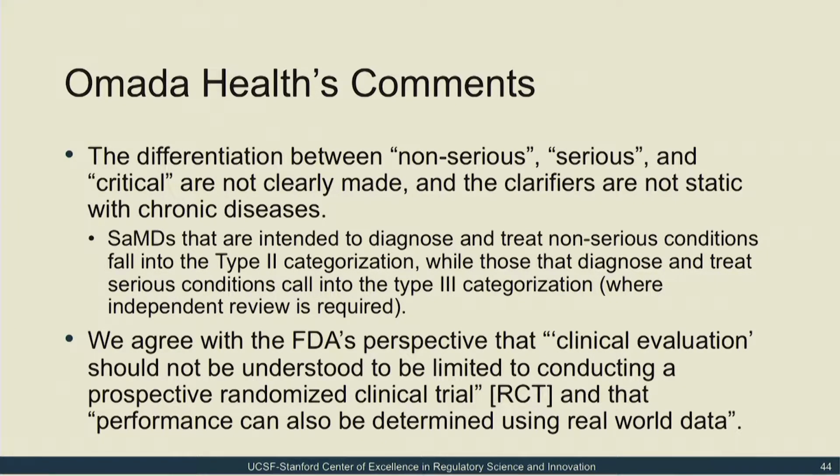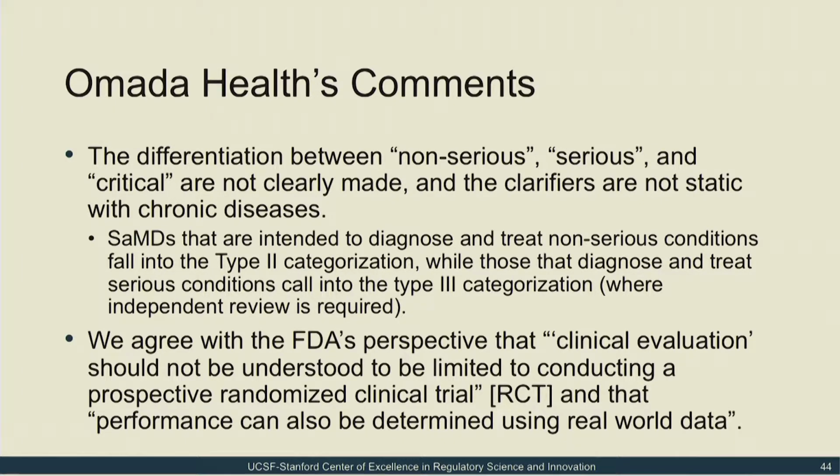In their comments, Omada raises questions on the differentiation between non-serious, serious, and critical conditions, arguing that they're not clearly made, and the clarifiers are not static with chronic diseases. With the example of type 2 diabetes, an early-stage patient that is well-controlled could fall under the non-serious category, given that their condition is low, with predictable progression of disease stage, and can be managed effectively.